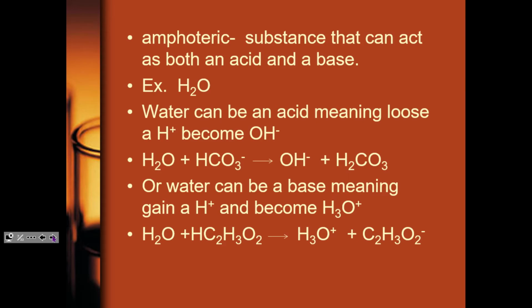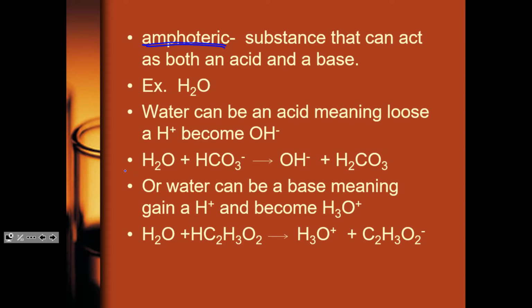We have a term for a substance that can actually be an acid or a base, and that is called amphoteric. Amphoteric is a substance that can be both acid and base by Bronsted-Lowry definition. So water can be an acid, meaning it can lose H plus to become OH, but it can also gain and become H3O plus.